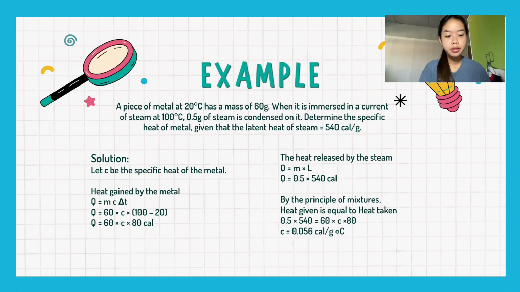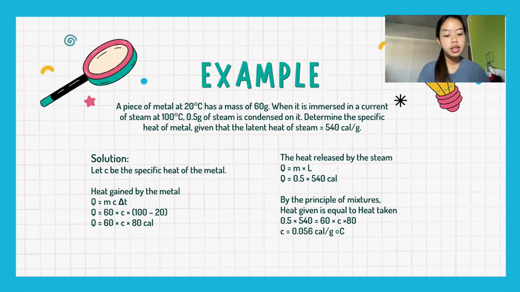For example, this question asks to determine the specific heat of a metal. So the first one is, let C be the specific heat of the metal. Next is the heat gained by the metal. Q equals mcΔT. M equals 60, C we don't know, and ΔT is equal to 80.